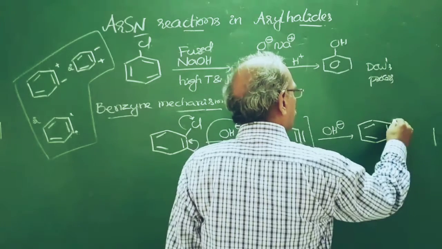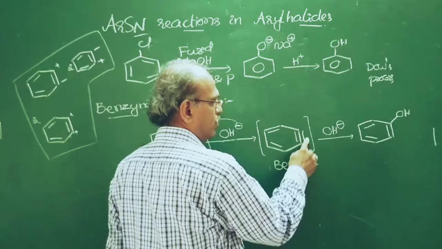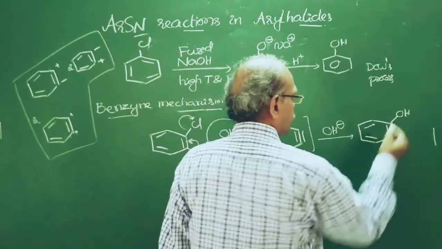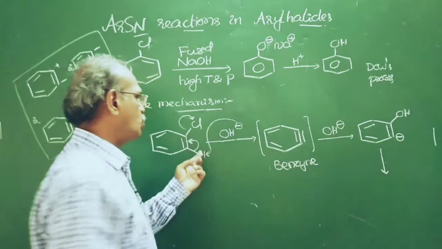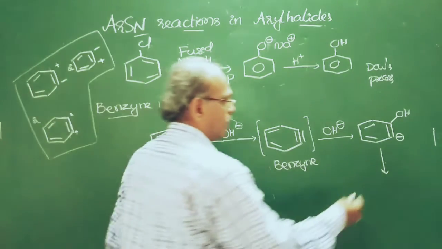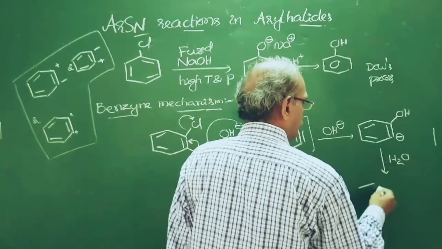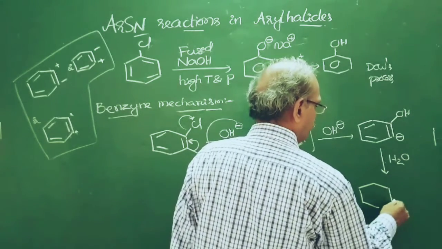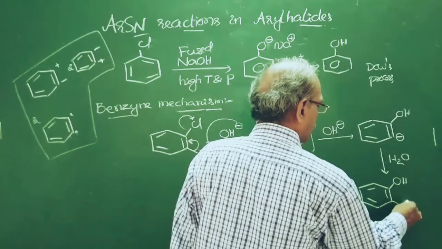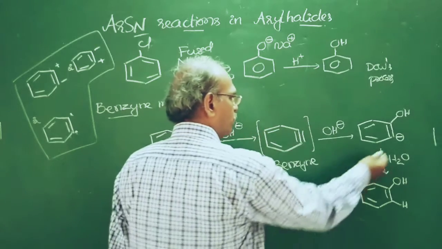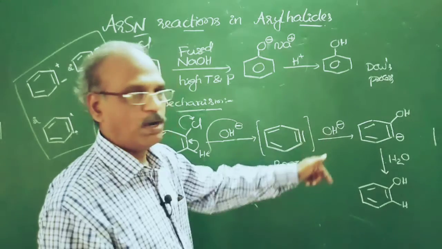Here OH, if it has positive charge and this has negative charge, so here it has minus. Thereafter, finally, this C minus with H2O, see here OH, H, plus the remaining is OH minus. In that way phenol is formed.